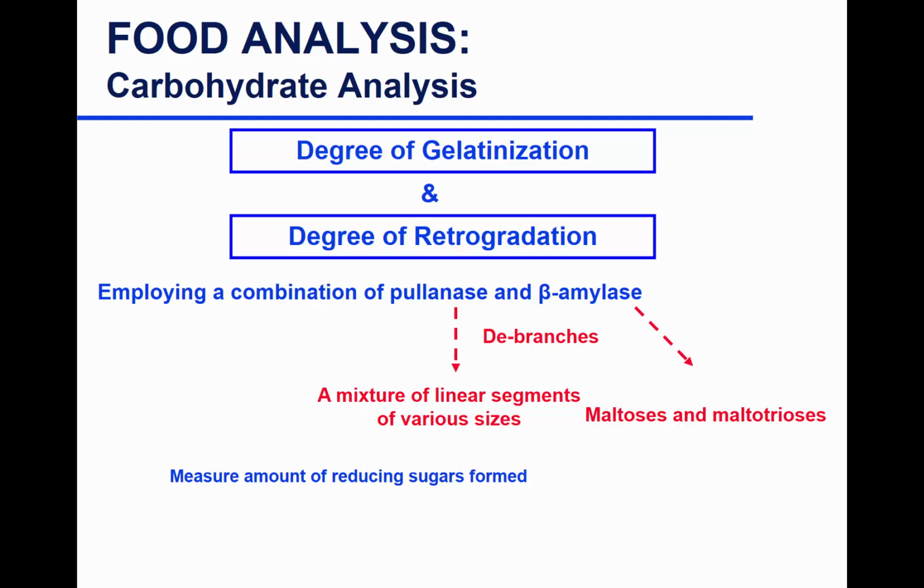So the same method can be used for both, but the outcome is different. One, you will have high reducing power, telling you that the starch has been gelatinized. The other, low reducing power, because after gelatinization you got retrogradation, and again the enzymes won't be able to function or digest retrograded starch.